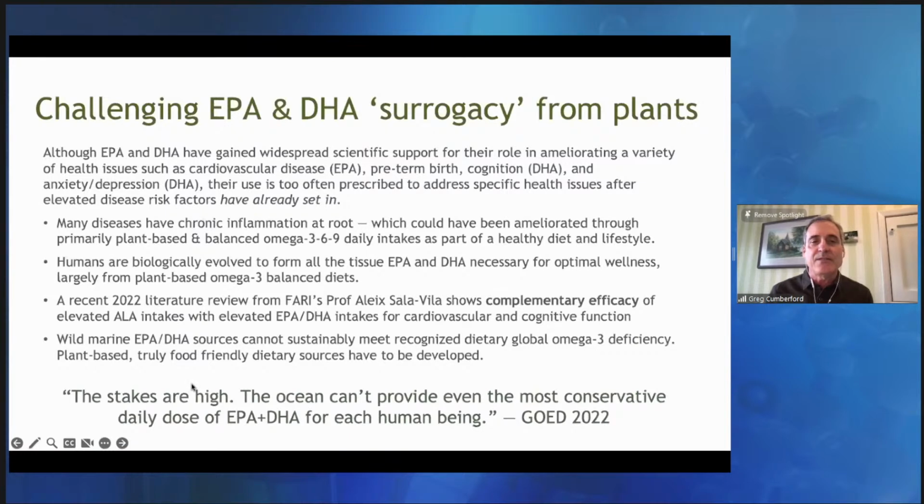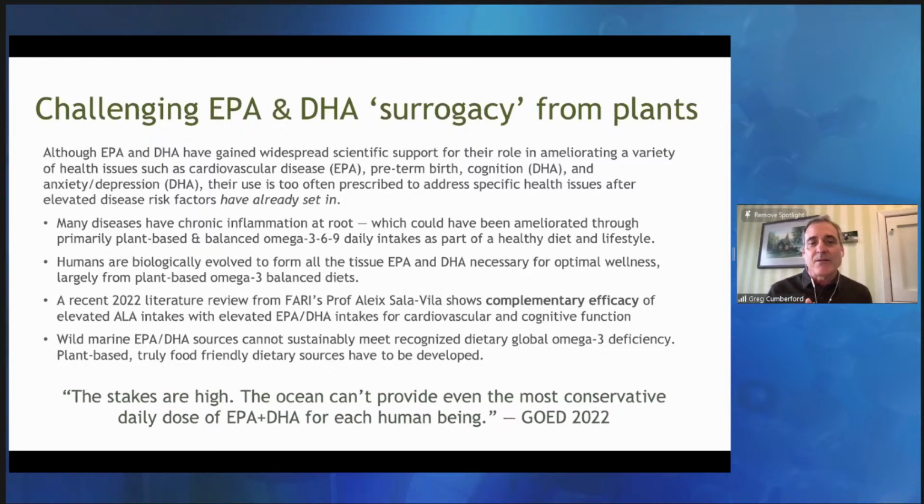There's this kind of view of plant-based precursors as being surrogates for EPA and DHA. You know, they've certainly deservedly over many decades gained widespread scientific support for their role in various health issues that we all confront as we age.